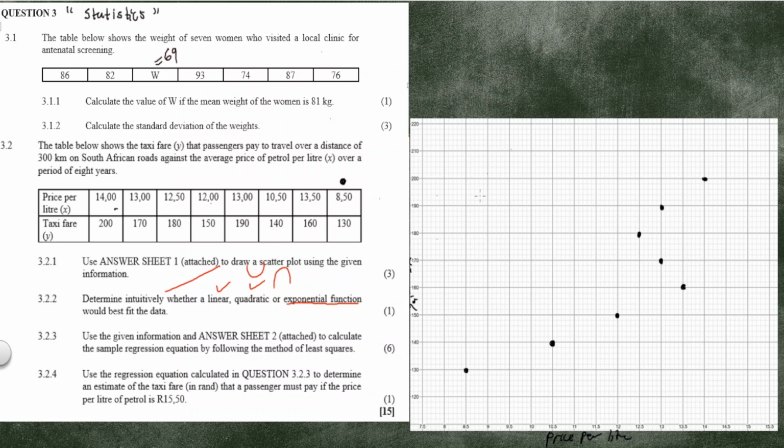In order to determine this, you would have to draw a line of best fit, the line that touches most of the points. I would say the graph represents an exponential function.